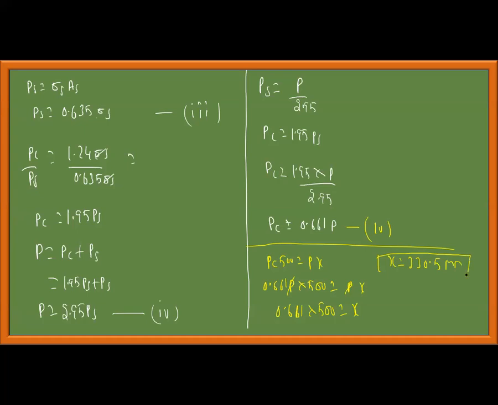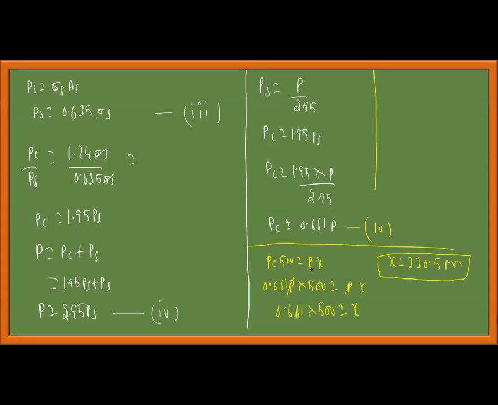Now, if you want to calculate the magnitude of the load, what you can do is: I know PC is equal to 0.61 P, and 0.61 P into 500 is equal to P into X. Okay, in this relation, can we substitute?